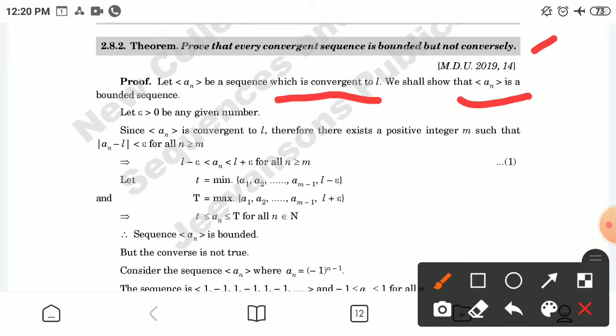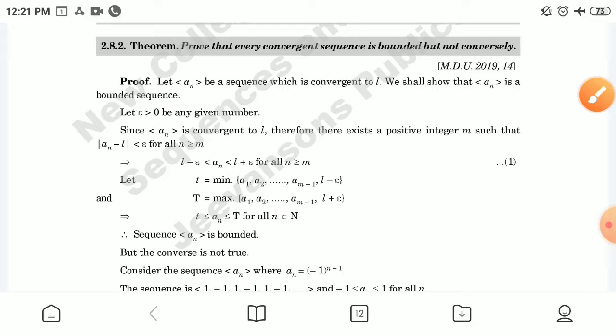Since an is convergent to L, using the definition, there exists a positive integer m such that |an − L| is less than epsilon for all n greater than or equal to m. This implies that every term of the sequence lies between L − epsilon and L + epsilon for all n greater than or equal to m, marking this as number 1.